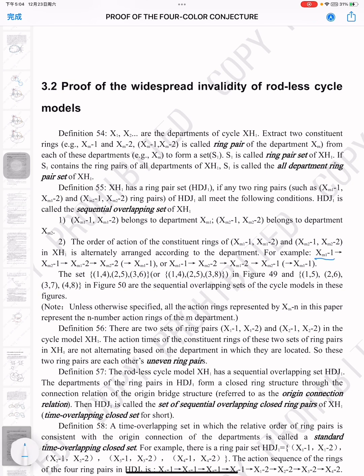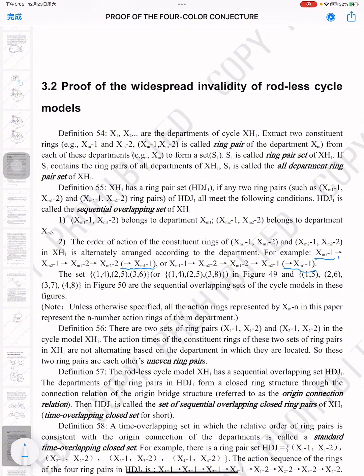XM1-1 happened first, then XM2-1 happened, and then XM1-2 and XM2-2, and go back to XM1-1, or XM1-1, then XM2-2, XM1-2, XM2-1, and then go back to XM1-1.